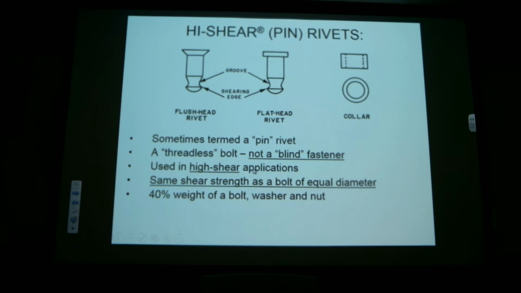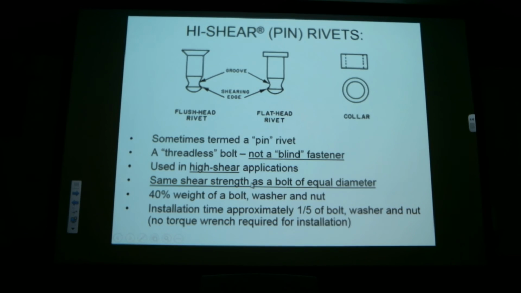This is a high shear pin rivet. I asked you a question about this on the test tonight. If you underdrive that collar, what does that mean? It's not very full strength. Yeah, it doesn't refer to anything or mean anything in terms of strength because it's designed to take shear loads. So it doesn't mean too much.